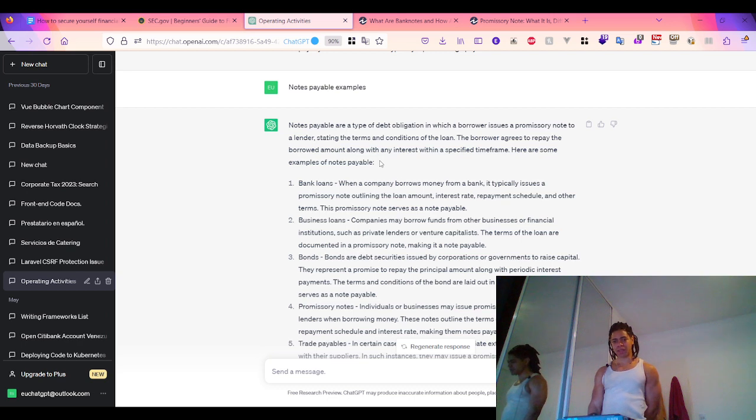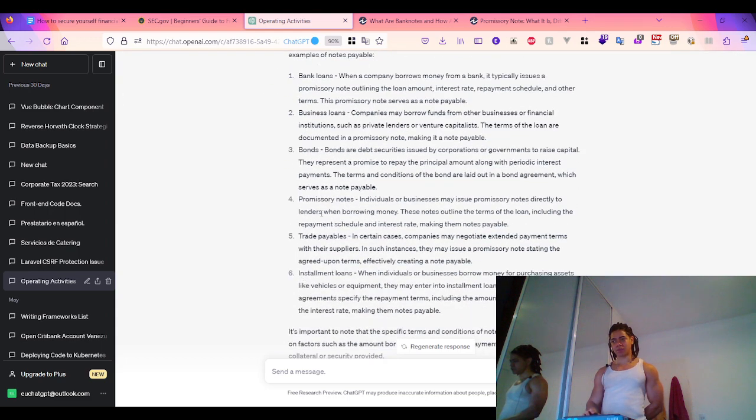Bonds. Companies can issue bonds or purchase bonds from governments and other companies. They represent a promise to repay the principal amount along with periodic interest payments.